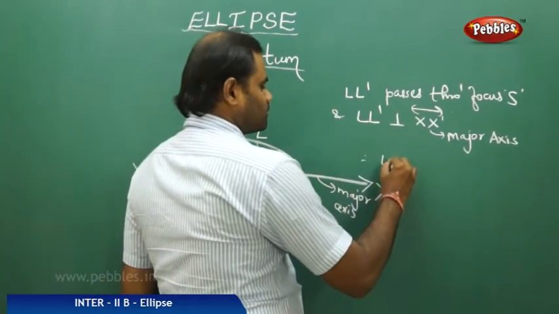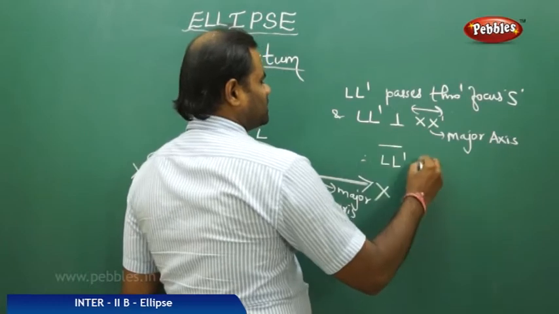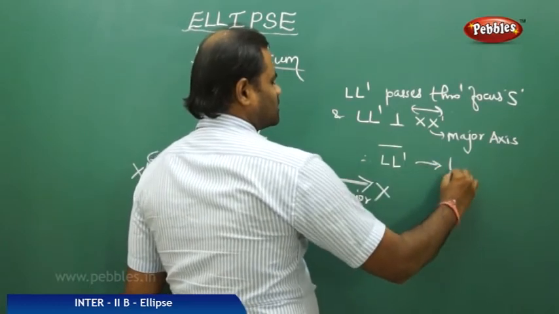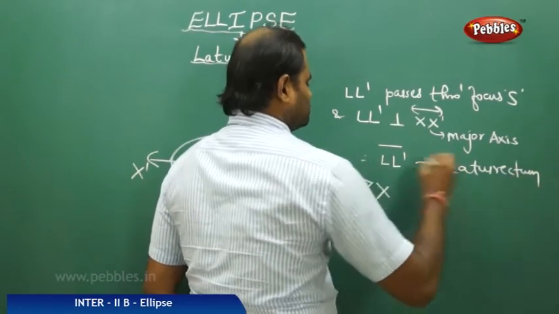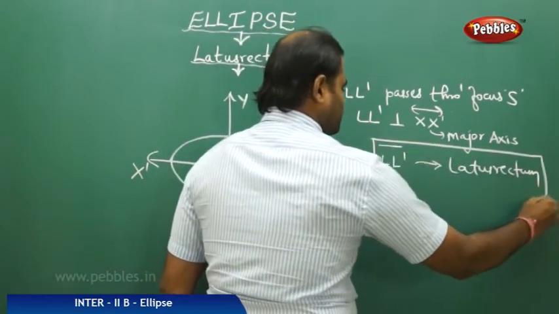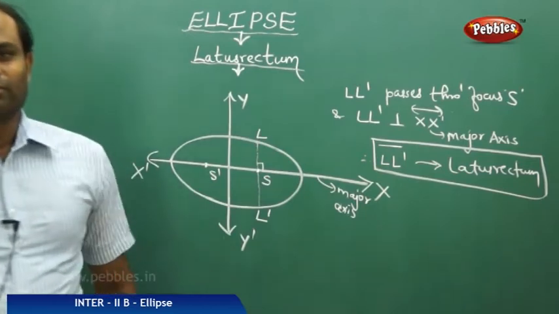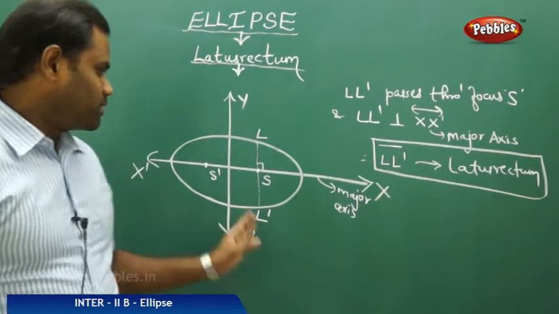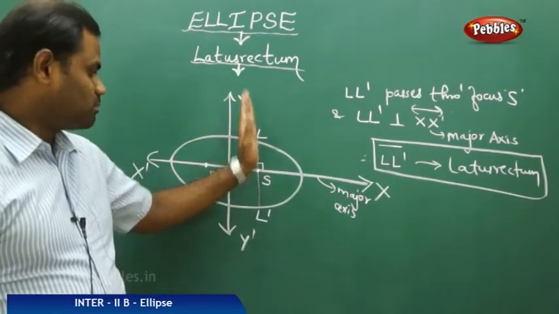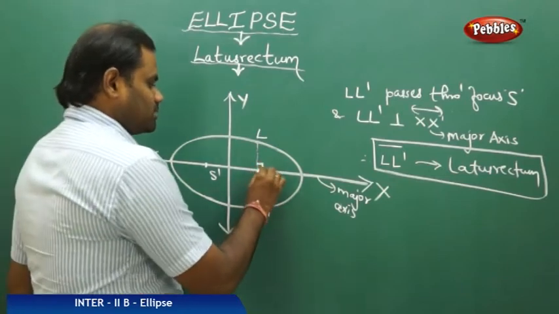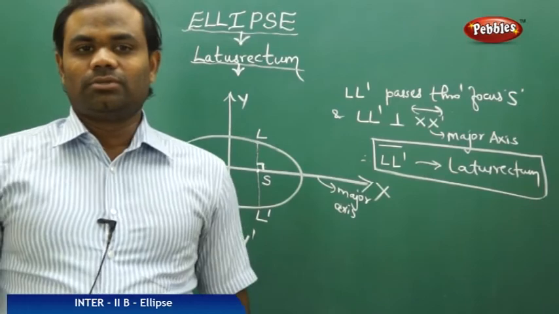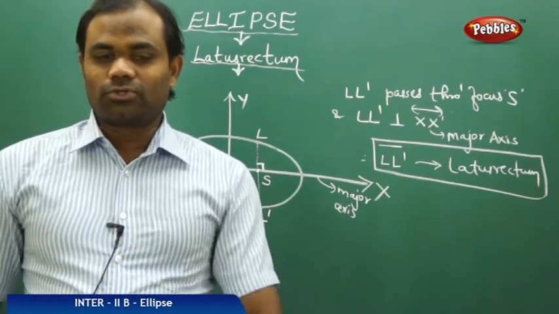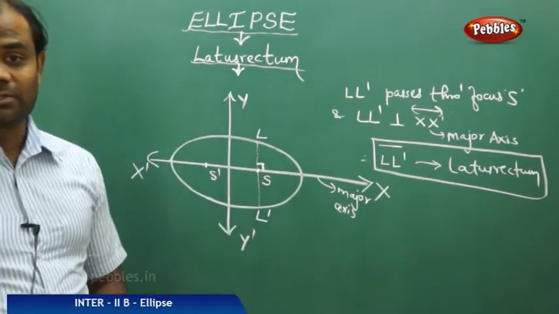Therefore, LL dash is a latus rectum. This is how we define the latus rectum, which is a focal chord which passes through the focus and which is perpendicular to the major axis. So this is the condition which makes the focal chord a latus rectum. There are two latus rectums for the ellipse.